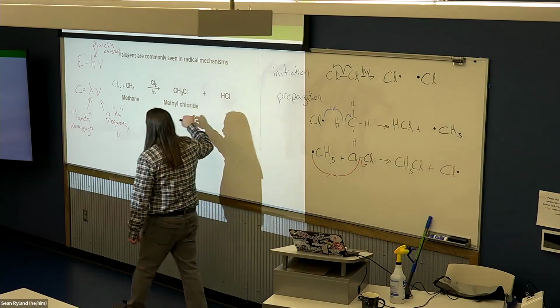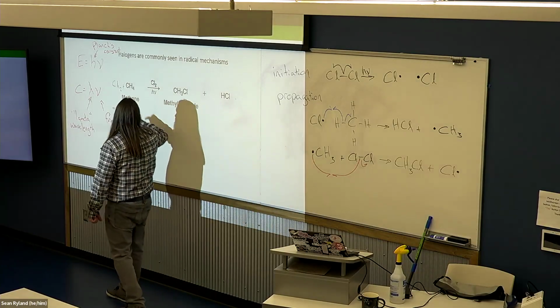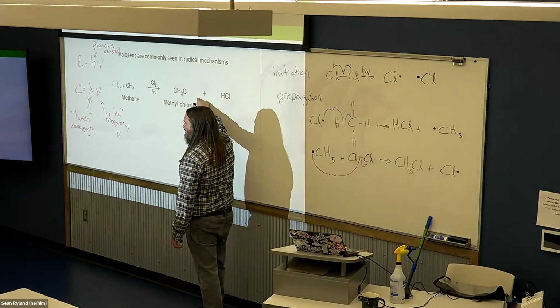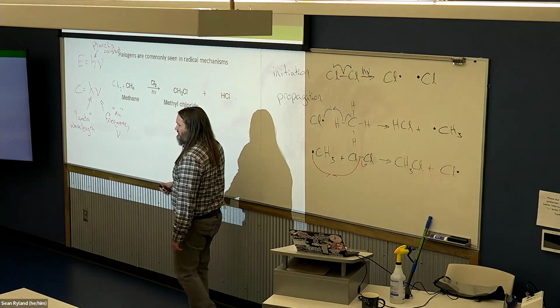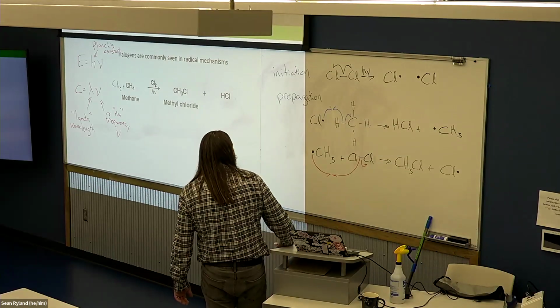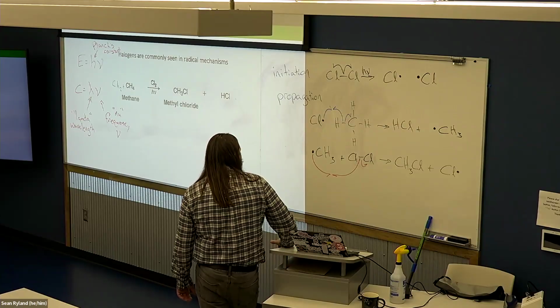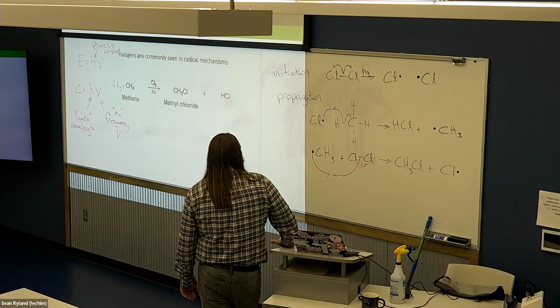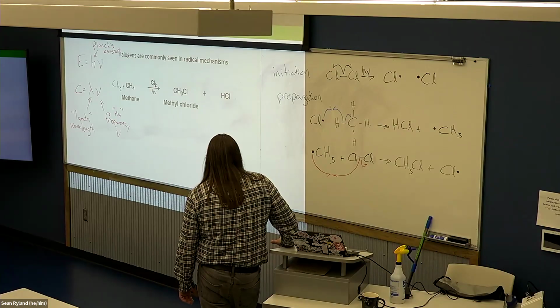So our overall net reaction is Cl2 plus methane gives us methyl chloride, chloromethane, plus HCl. So the H is from the CH4 and then we make the CH3, and then one Cl.